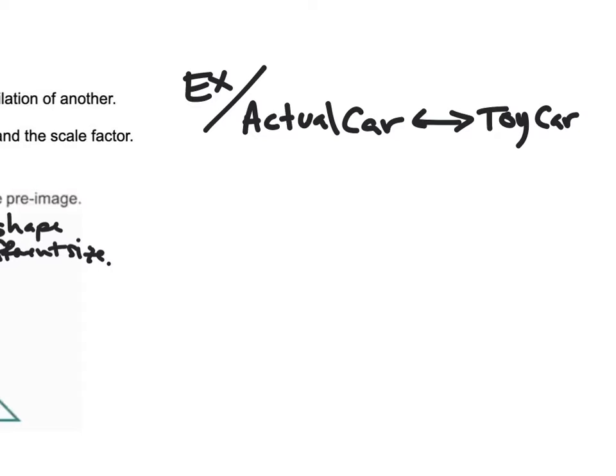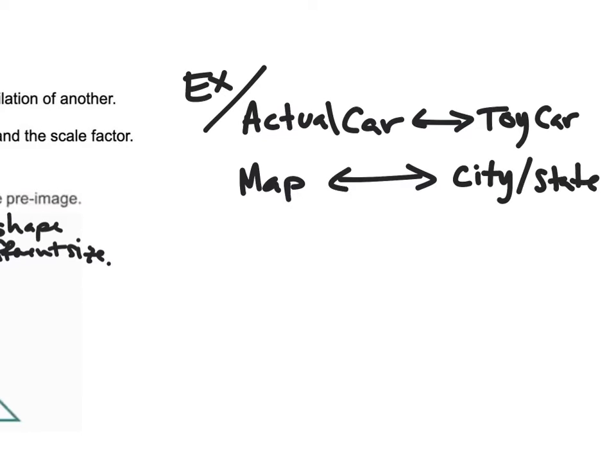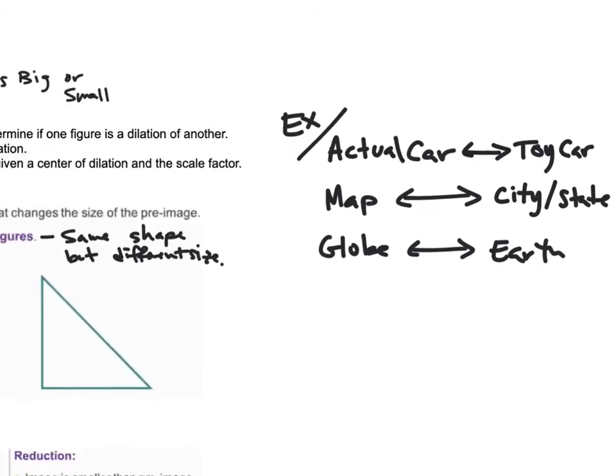I like to think of a map and the actual size of the city or state. Another thing to think of is a globe. So a globe is a scaled down version of the Earth. There's a number of examples, but that word scaled drawing and all those kinds of things are really just examples of a dilation.